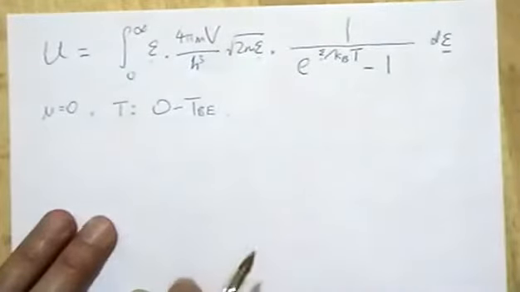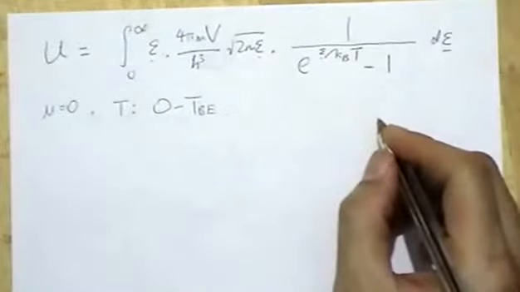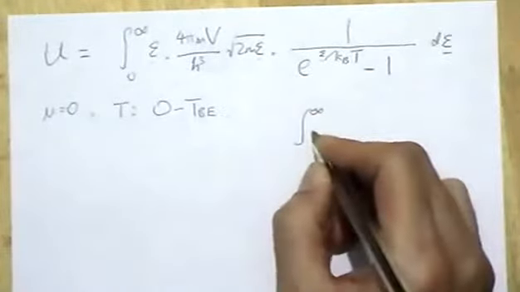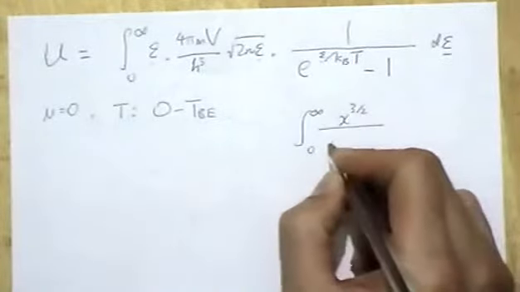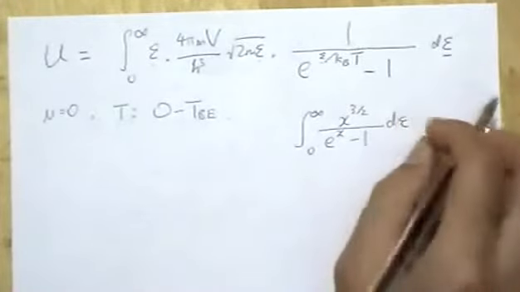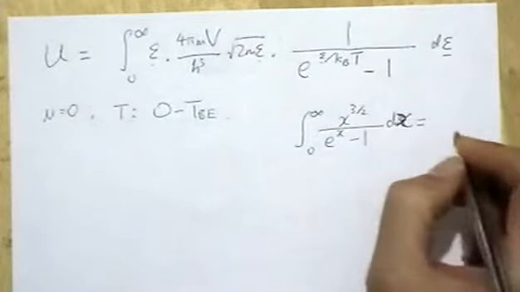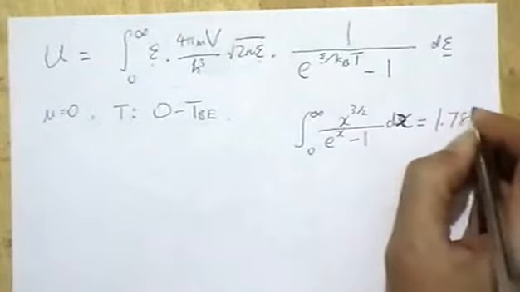Okay, and there is a formula from the table of integrals that we can use. Let me write it down here. X to the power of 3 halves over e to the power of x minus 1 dx equals to 1.783.